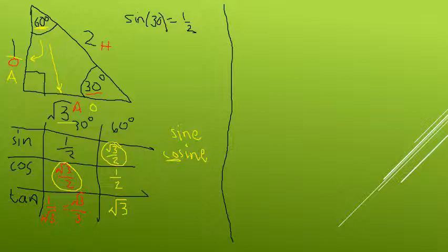So what we find is the sine of 30 degrees is the same as cos of 60 degrees because we're talking about the same triangle, because the 30 degree triangle is the same as the 60 degree triangle, and vice versa, that the sine of 60 degrees is equal to the value of cos of 30 degrees. Tan is related to these two in another way, which we'll discuss in further lessons.